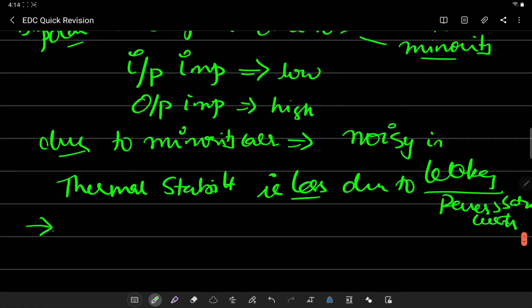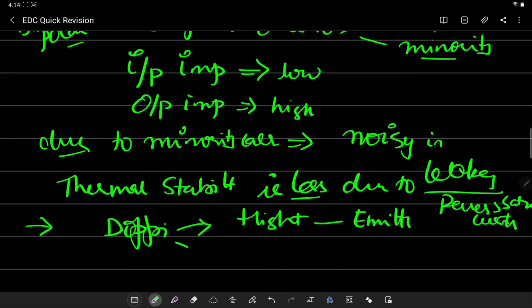So there is a question asked already. Doping levels: it is highest at the emitter and least in the base.